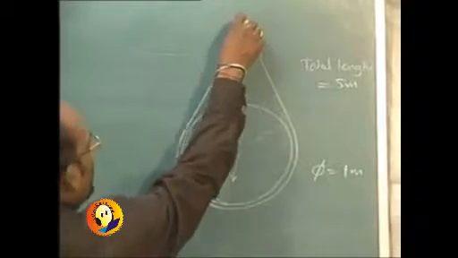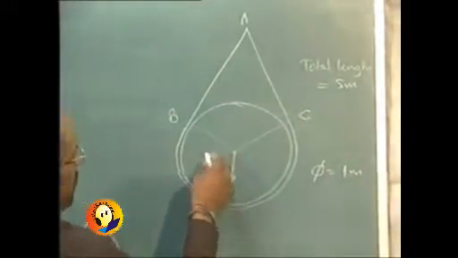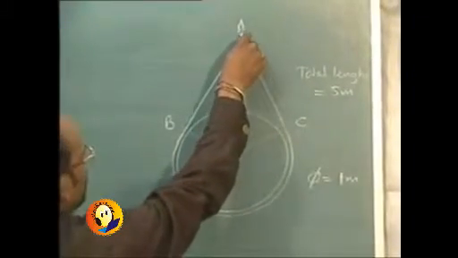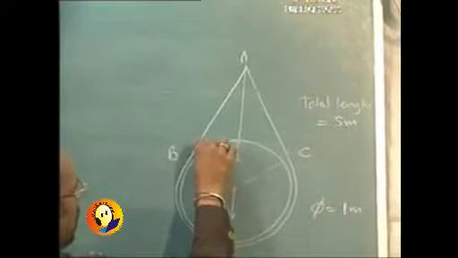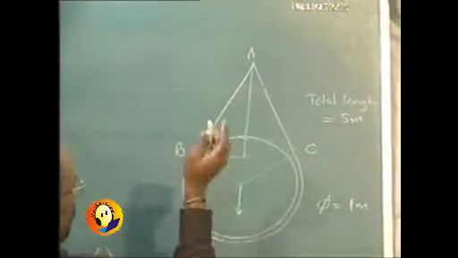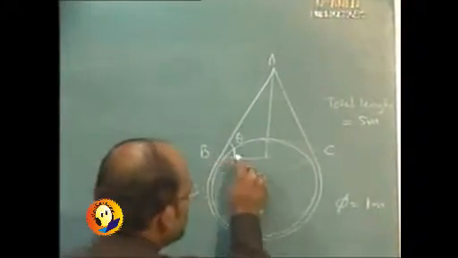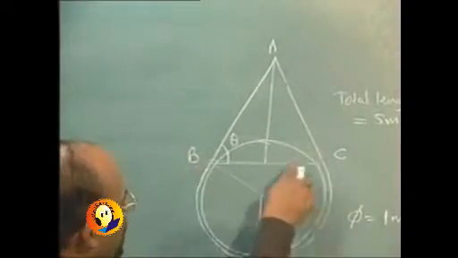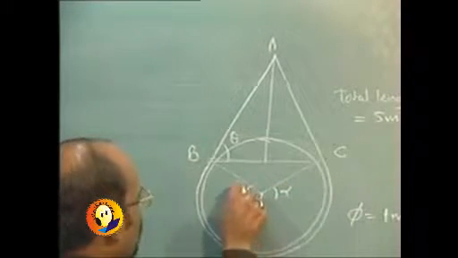Calculations will play a very important role again. The question is how to find the angle. We are actually interested in this angle, but for that we will require this length. To find this length, we will require this angle, say alpha, which is the contact angle.